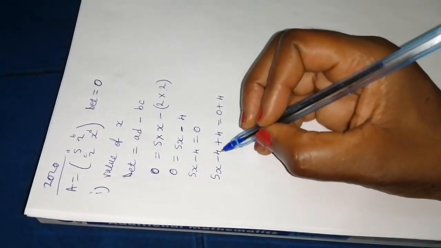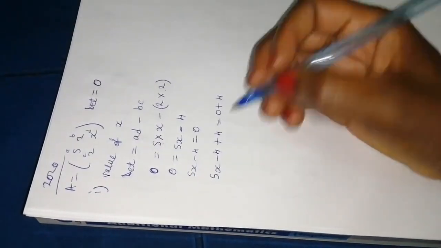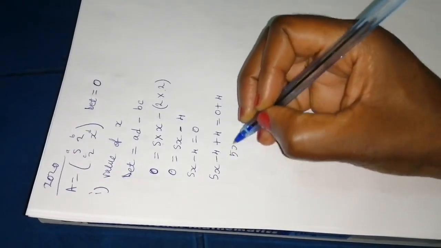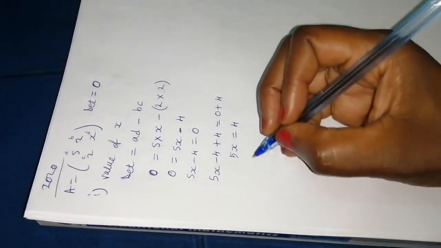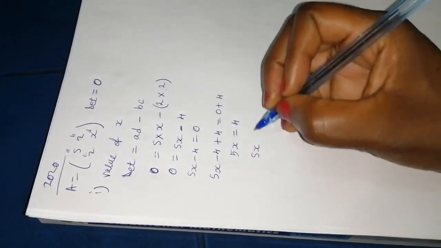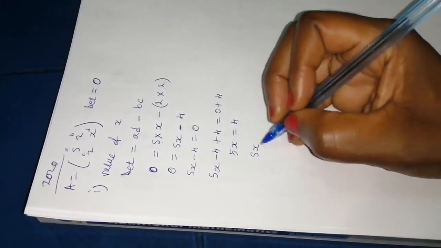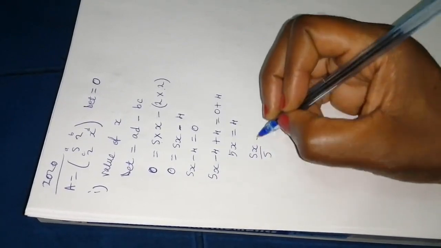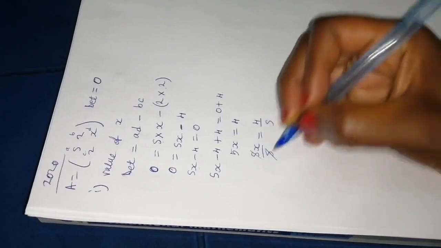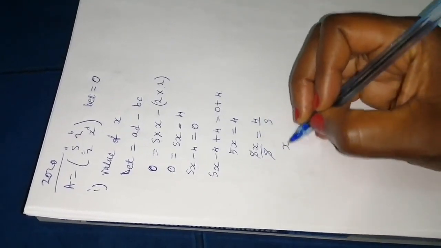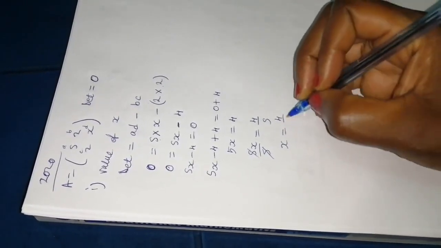Okay, so negative 4 plus 4 will give us a 0, leaving us with 5x equals 0 plus 4 is 4. Divide both sides by 5 so that we remain with x only. So 5x divided by 5 equals 4 divided by 5. 5 into 5 is 1 times x is x equals 4 over 5.